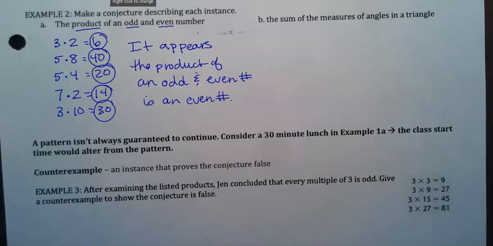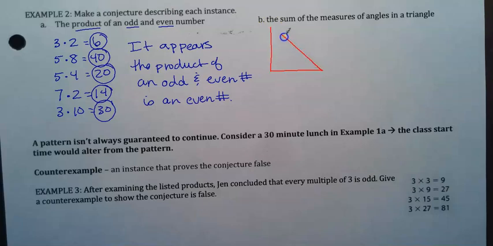How about B? The sum of the measures of the angles in a triangle. That's a little bit harder to do up here. If you had a protractor, it would make it a lot easier, because what you would need to do is draw a variety of triangles.